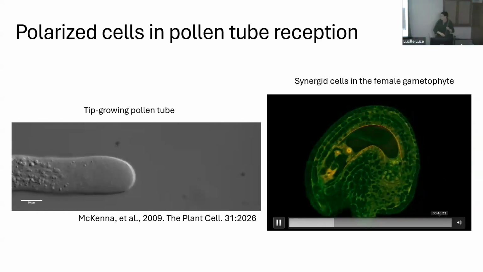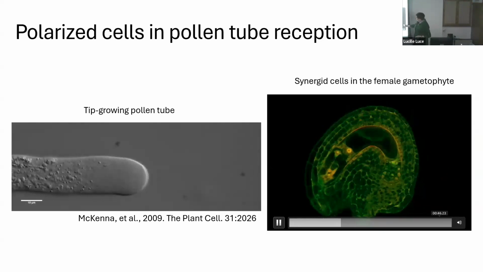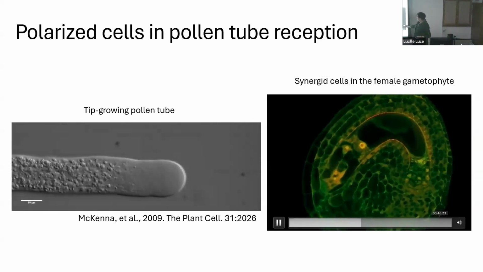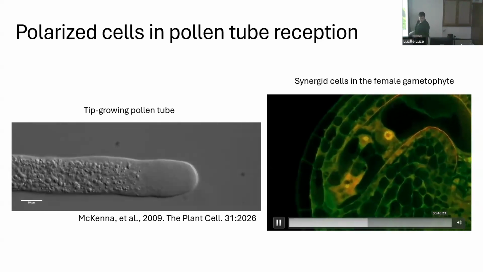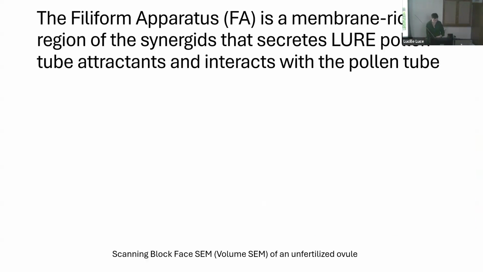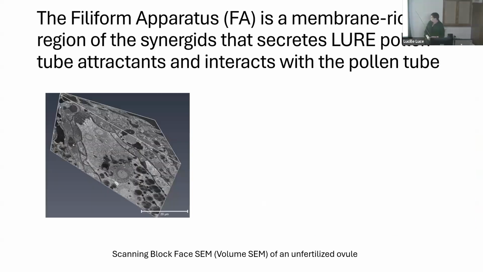Here's the stick. And we can see here the 2 synergids. Here's the egg and the central cell. These synergids have a highly specialized region called the filiform apparatus. This is a scanning block-based SEM through an ovule, showing the 2 synergids. Here's the egg, central cell back here.